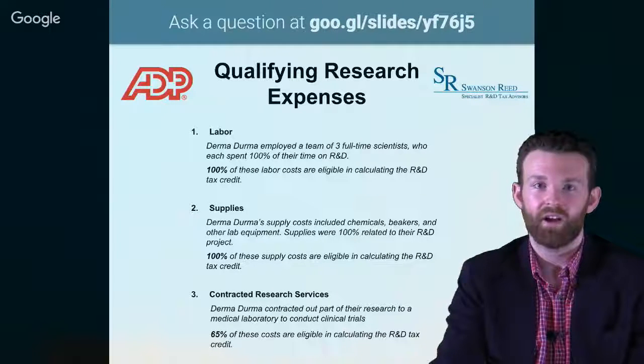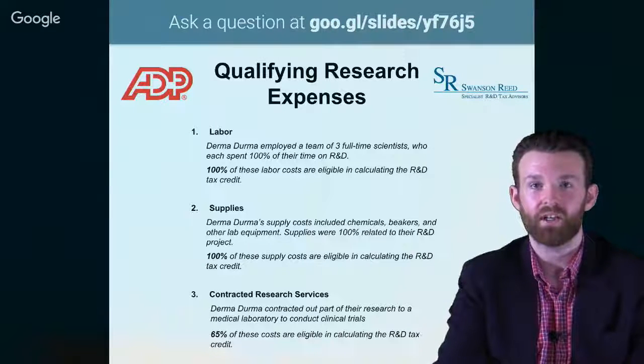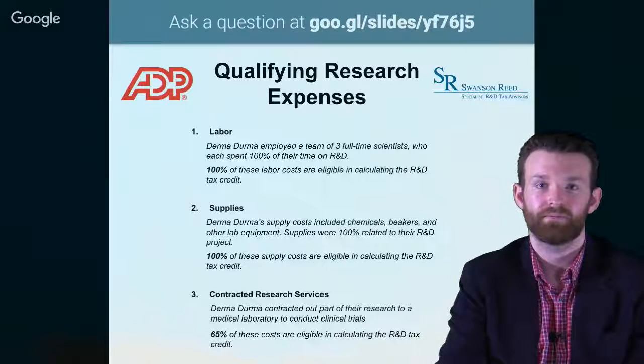They also had supply costs relating to chemical reagents, lab equipment, and other costs 100% related to their R&D project. 100% of supply costs are eligible in calculating the R&D tax credit. Derma contracted out part of their research to a medical laboratory to conduct clinical trials. Only 65% of contracted research costs are eligible in calculating the R&D tax credit.